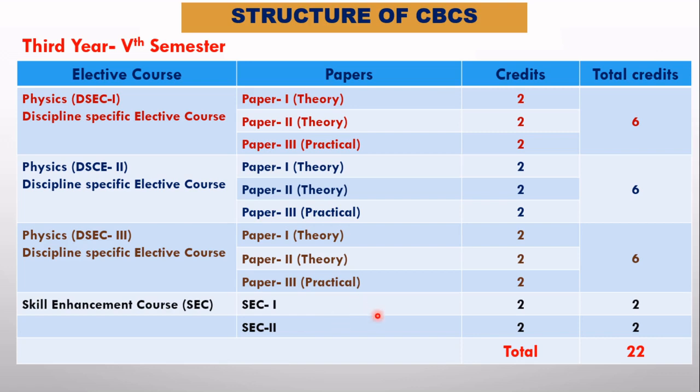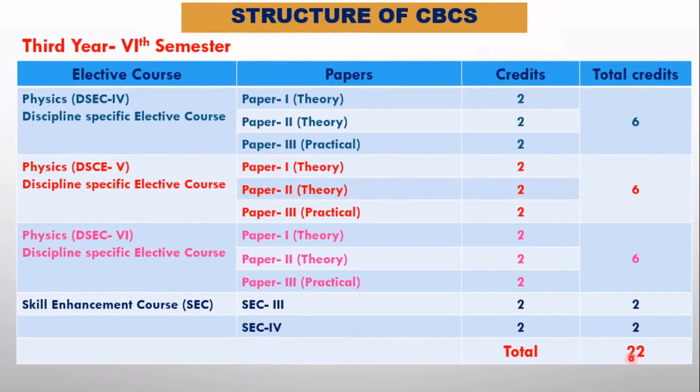In each semester of third year, there will be 2 skill enhancement courses, each having 2 credits. So these 2 plus 2 become 4, and these 2 discipline specific elective courses contain 18 credits, and the 4 credits of the skill enhancement courses make it 22 credits.